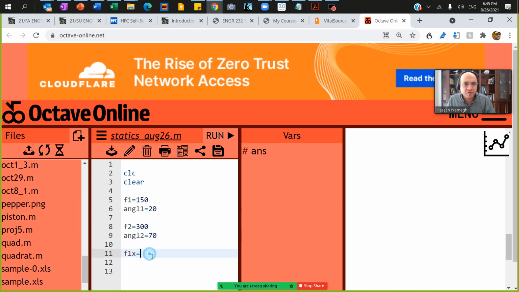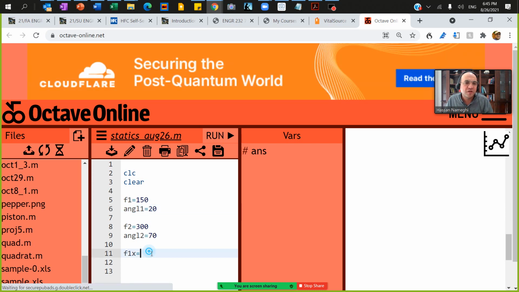So F1x was cosine, right? Because the angle is with the x-axis. In the program, we say both angles are with the x-axis. So x would be the adjacent.